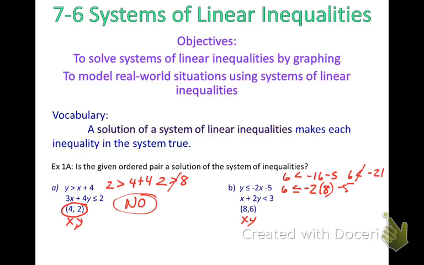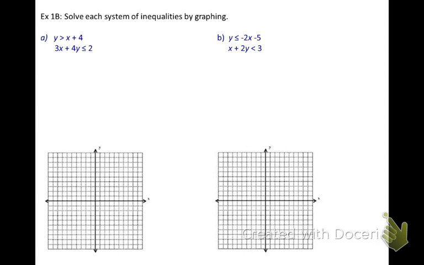Well, again, that's not correct, so that would be a no. If both equations were yeses, then it would be a yes answer. That's how you would do your problems today. So let's look at how to graph these.